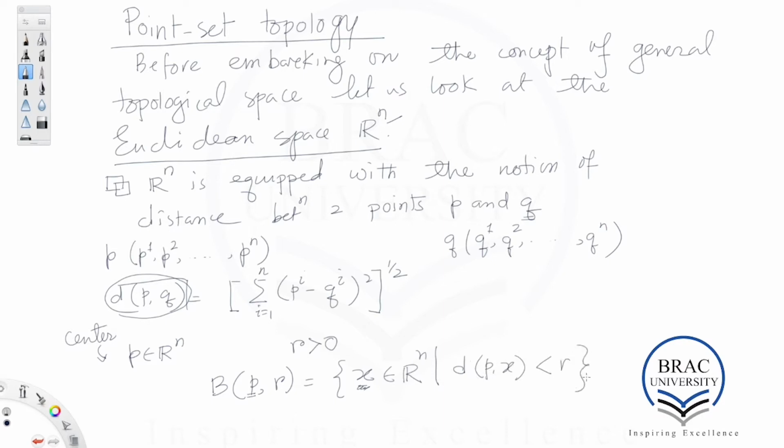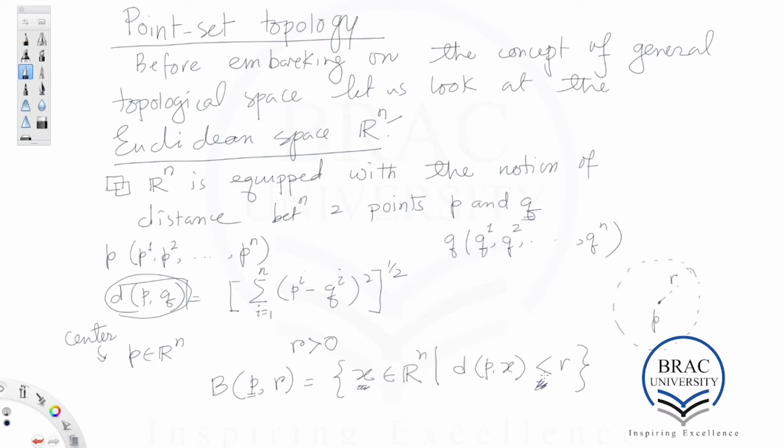If you want to draw a picture of this ball, it is centered at P and the radius is r. The dotted circle or dotted sphere denotes the openness of that ball. We cannot reach the surface of the ball, because of the presence of this strict inequality. All right, so this is the Euclidean space.